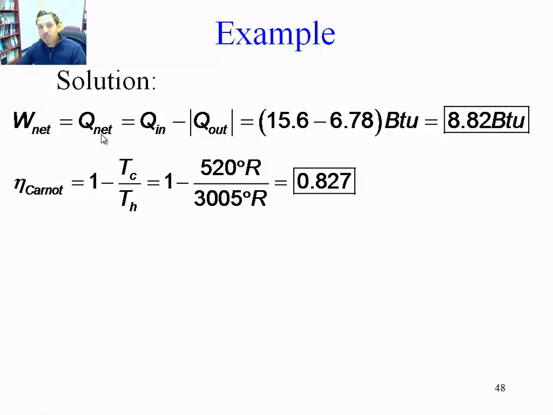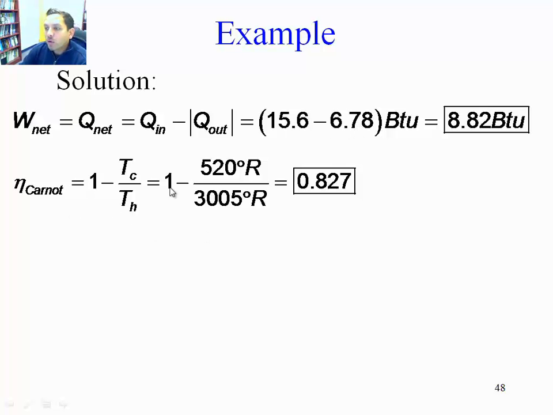The sum of all the works in the system is equal to the sum of all the Q's in the system. And the net work is equal to Qin minus Qout, which is 15.6 minus 6.78 BTU. So the net amount of work is 8.82 BTU. That's the net amount of work produced in this cycle. It's Qin minus Qout.